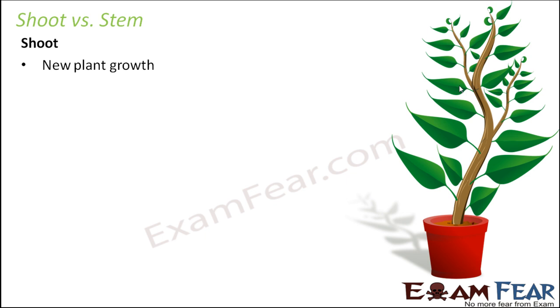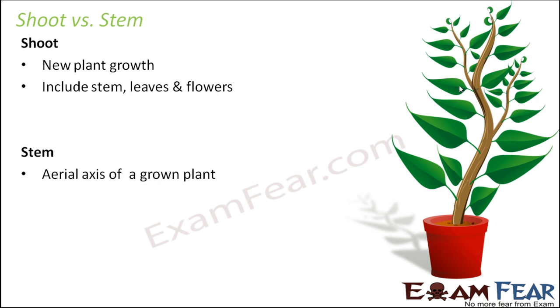So suppose you have a seed, and if you germinate the seed, a small plant will grow, right? That new plant growth will consist of the shoot and the root. It includes stem, flowers, leaves. Whereas if I talk about stem, it is the aerial axis of a grown plant. So when a plant is already grown, the aerial axis which is growing upward, that is known as the stem.